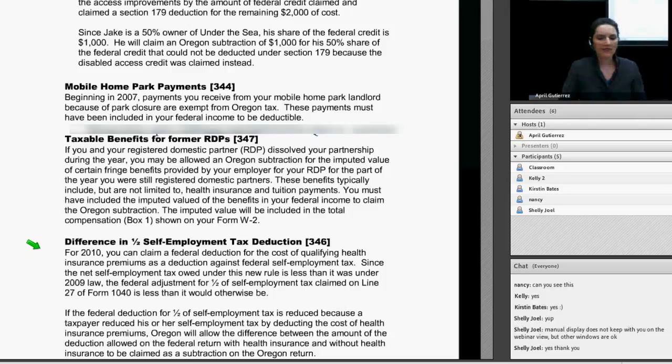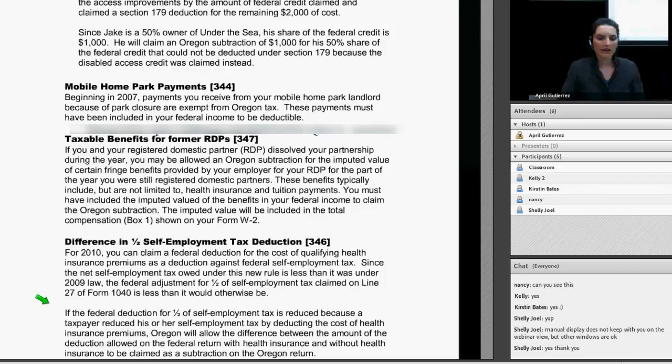For 2010, you can claim a federal deduction for the cost of qualifying health insurance premiums as a deduction against your federal self-employment tax. Since the net self-employment tax under this new rule is less than it was under 2009 law, the federal adjustment for 1/2 of self-employment tax claimed on line 27 of Form 1040 is less than it otherwise would be.